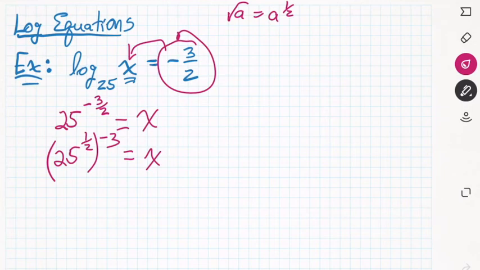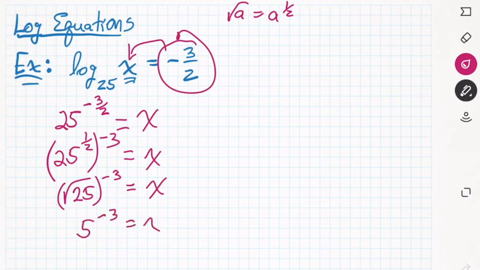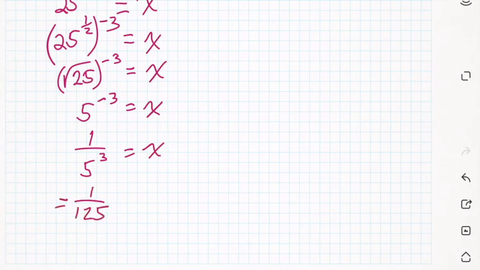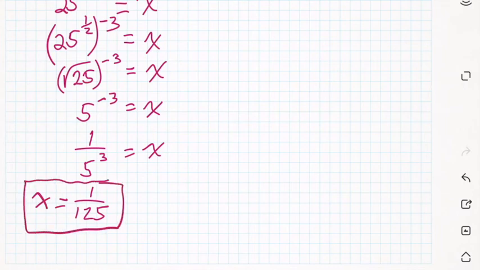Now 25 to the 1/2 is the square root of 25, raised to the negative 3rd power. The square root of 25 is 5. By laws of exponents, a negative exponent means it's on the wrong side of a fraction, so this becomes 1 over 5 to the 3rd, and 5 to the 3rd is 125. So we get down to a solution: x is equal to 1 over 125.